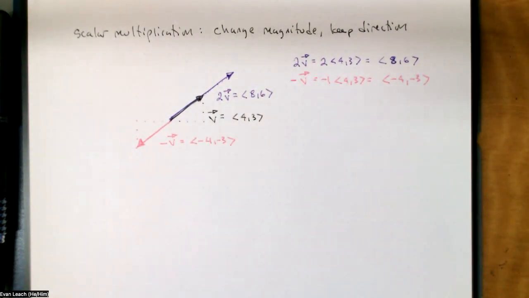Backwards and forwards still only counts as one. So we're not changing the line of the direction, we're just changing the length along that direction.